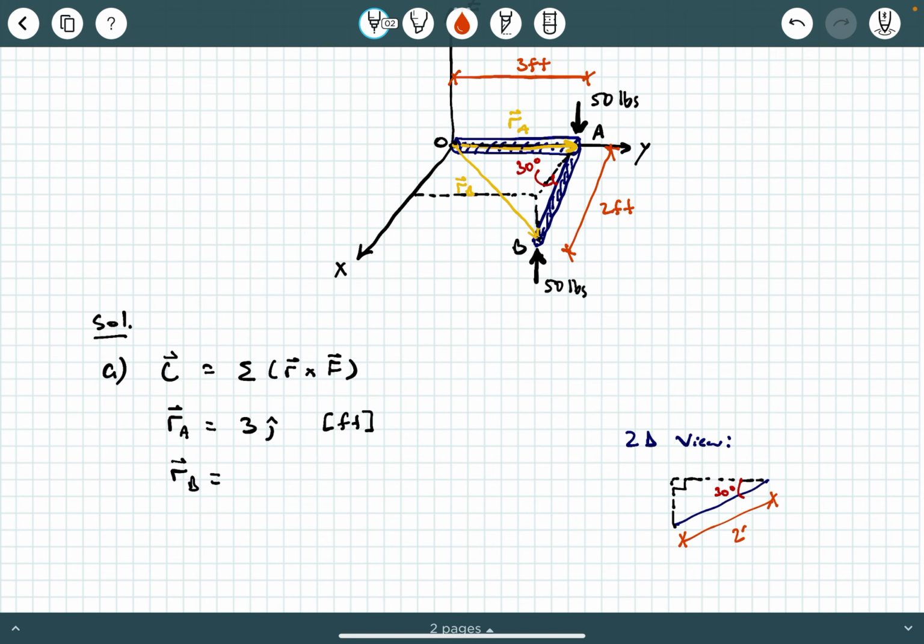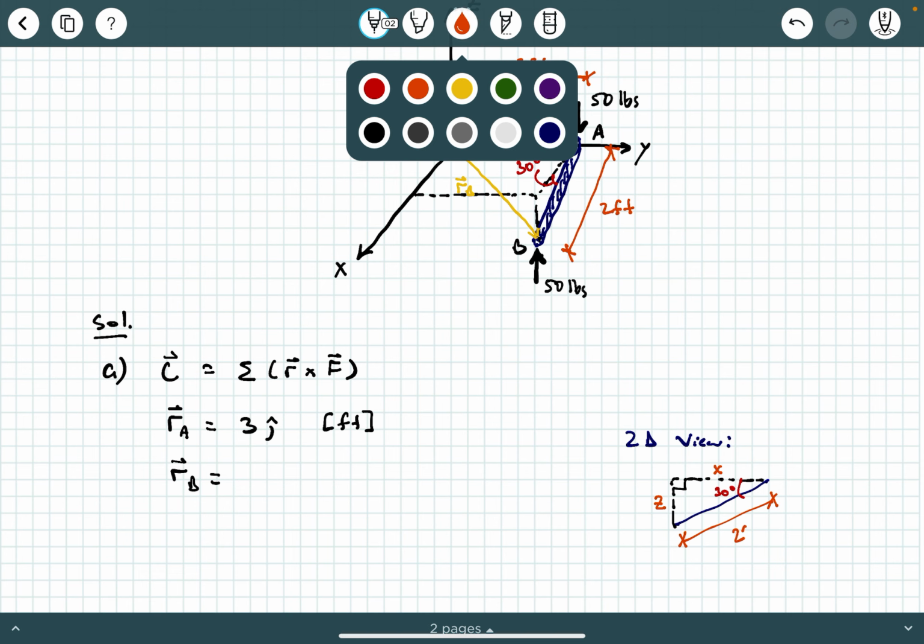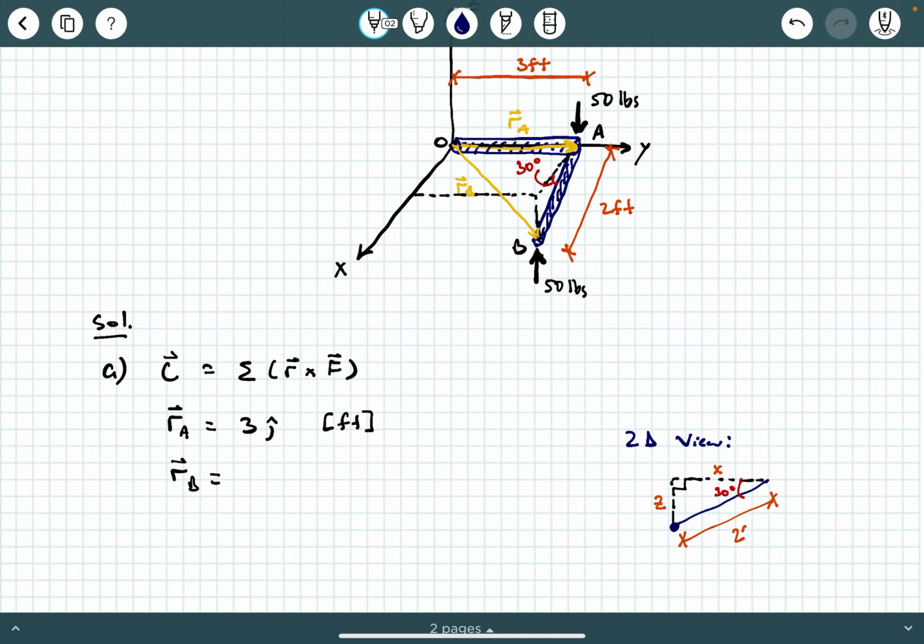So really what I need is this x value and this z value, okay? Well, I can just use basic right triangle trigonometry to get this x and z value. And you know what? That's going to give me what I need to find the coordinates of point B, which is right here. So this point B is the same as this point B.